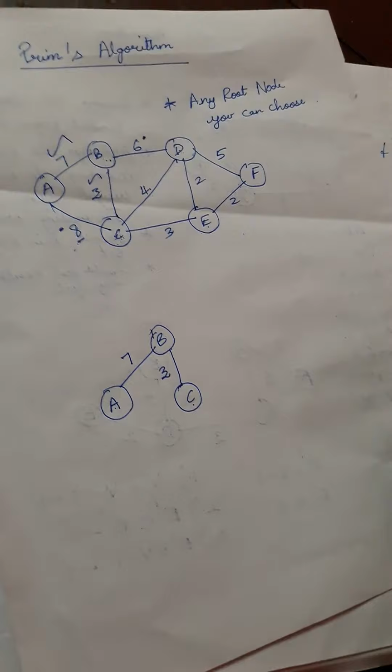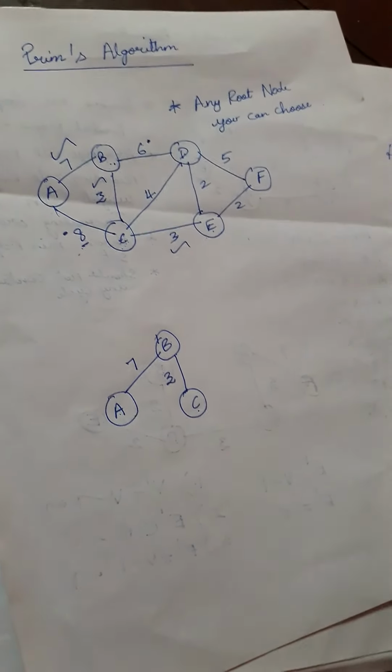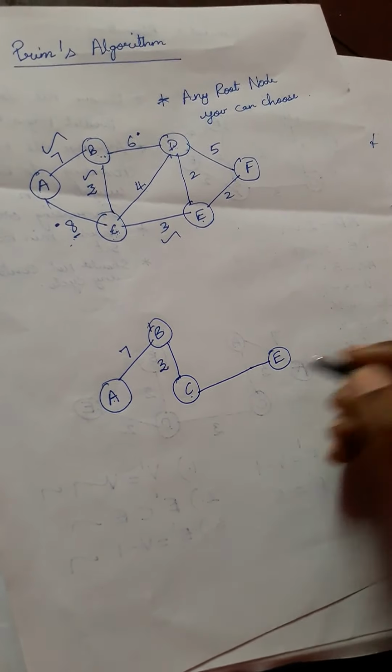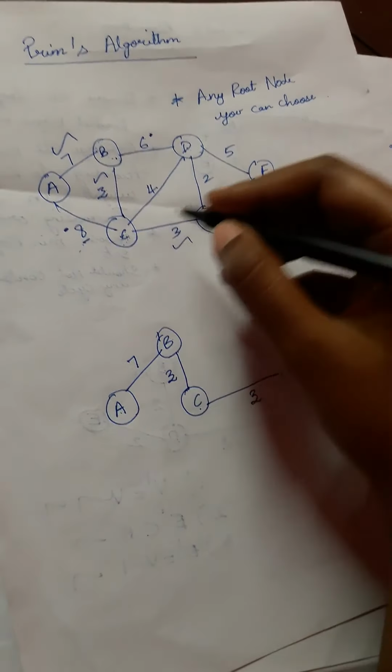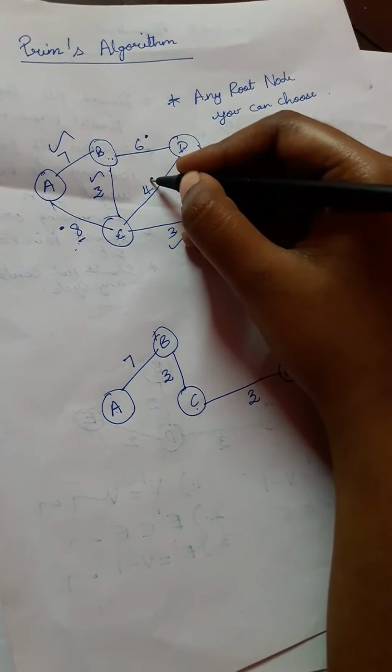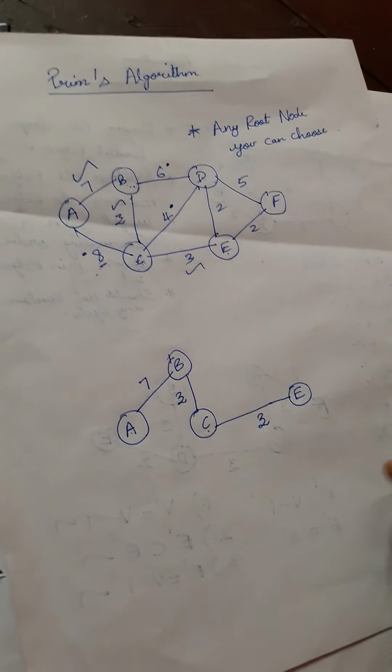Which is the minimum? 3 is the minimum, so I am choosing C to E. The weight is 3, so that is completed. Still 8, 6 and 4 are there.